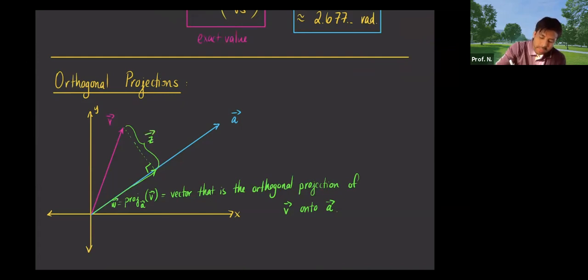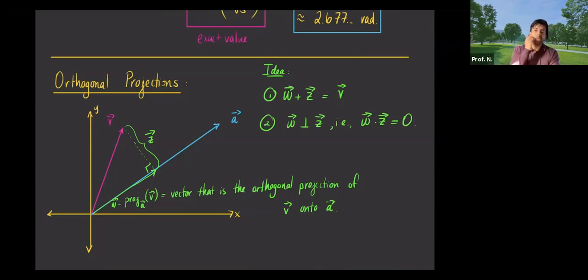So the idea here is that if I take W and I add it to Z, I get V. So W plus Z is V. And W is perpendicular to Z. In other words, W dot Z is 0. Remember, when two vectors have a dot product equal to 0, they are orthogonal.